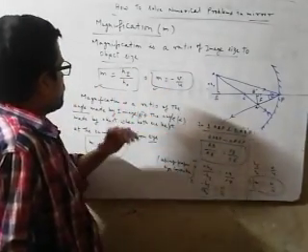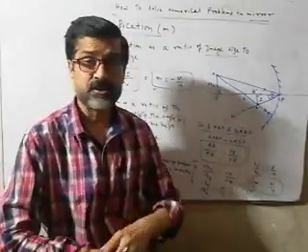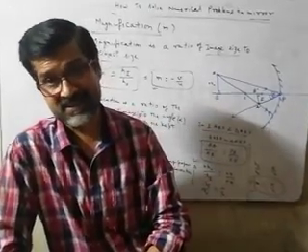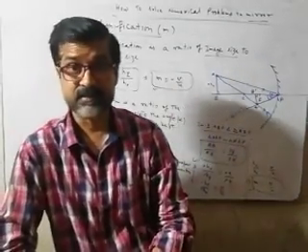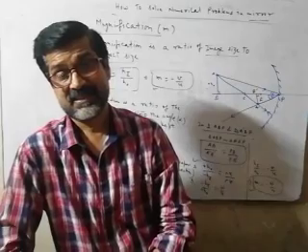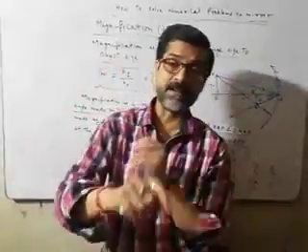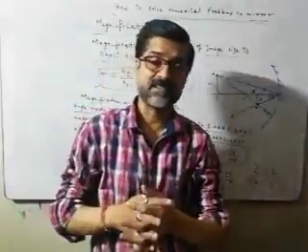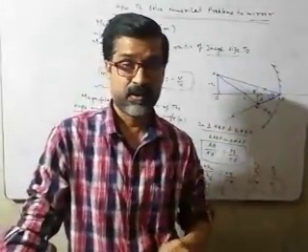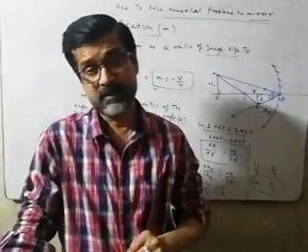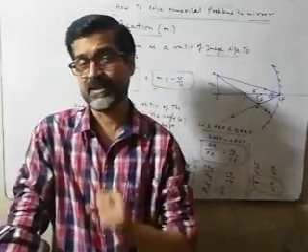Then the second point, what we should know, is that magnification for a real image is always negative. Magnification for a virtual image is always positive. Why is it so? And also one thing, that in a concave mirror we can get magnification that could be negative as well as positive. Why? Because a concave mirror produces a real image in 5 cases and a virtual image in 1 case.